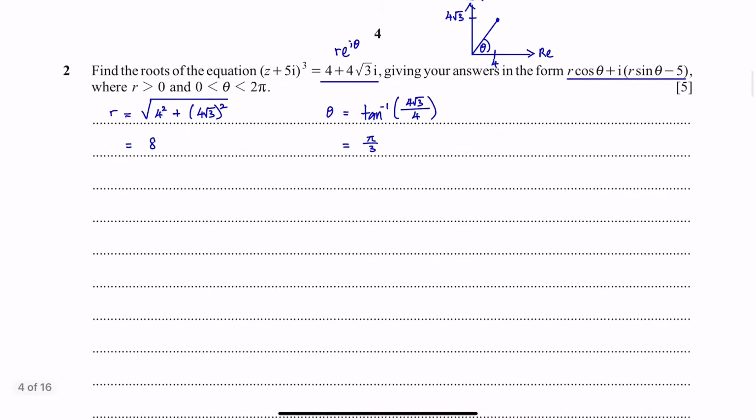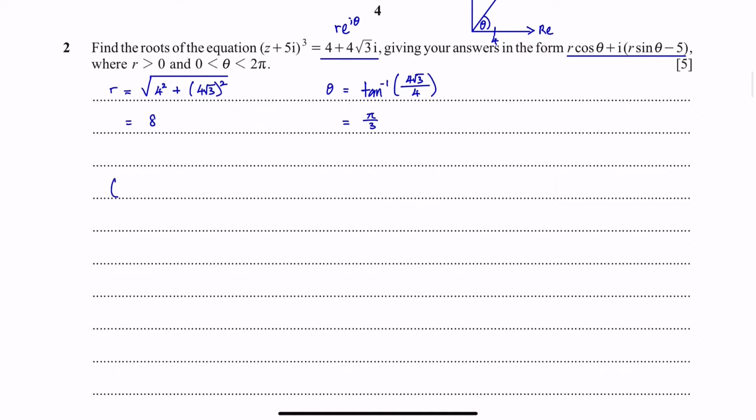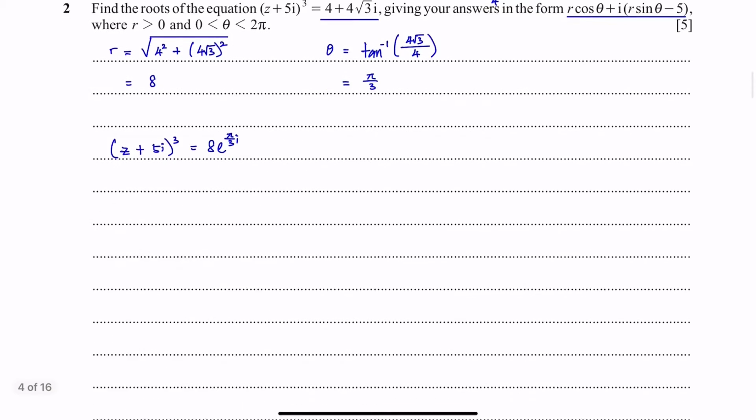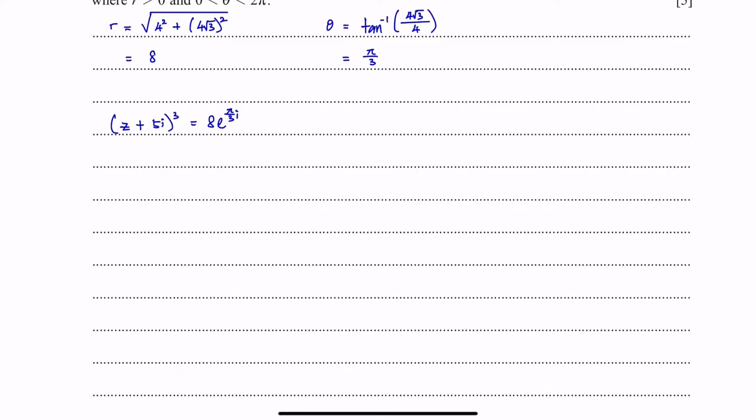And now we can start solving the equation. So (z plus 5i) to the power of 3 equals 8 exponential to the power of pi over 3 i. And we can write this as 8 times exponential to the pi over 3 plus 2k pi i.